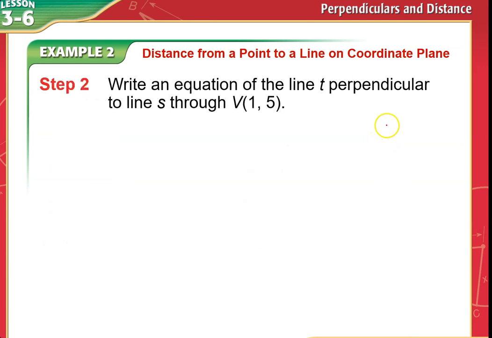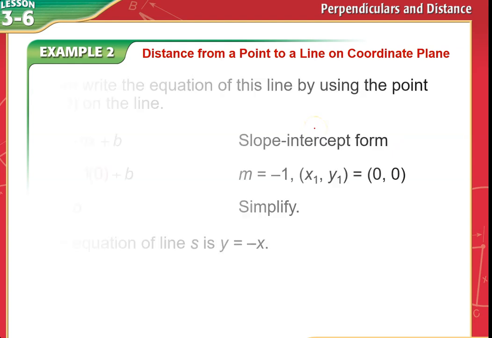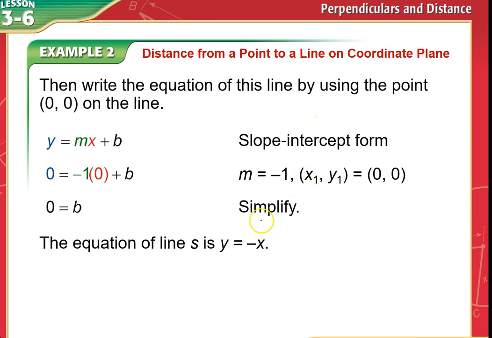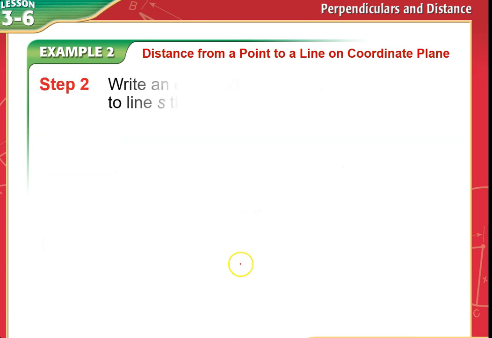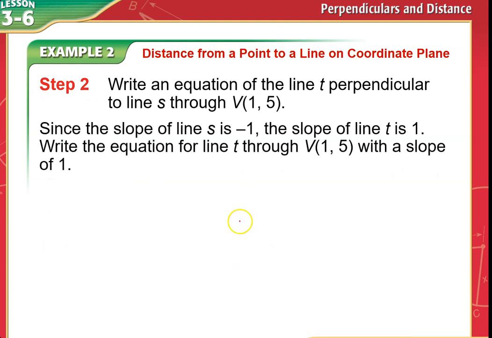Then we write an equation for the line perpendicular to line S through (1, 5). If line S has a slope of negative 1, then something perpendicular has a positive 1 slope. So we need a slope of 1. Then we use the point (1, 5) in point-slope form: y minus 5 equals 1 times x minus 1.